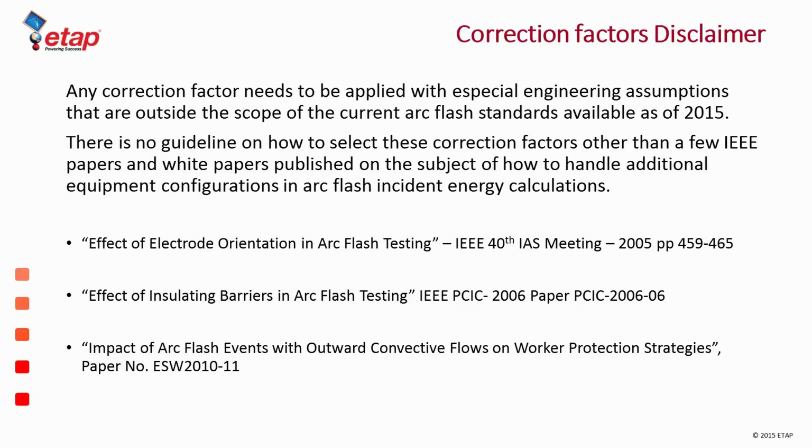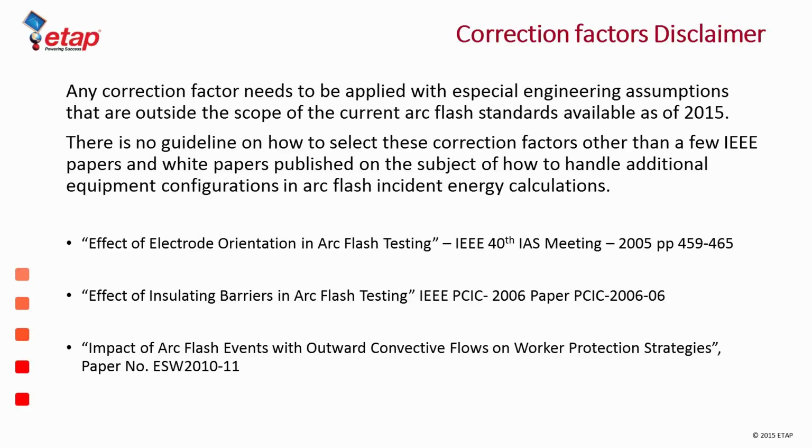So basically what I'm saying is use your own engineering judgment when selecting such factors. The reason why is that these factors are outside of the scope of the current Arc Flash standards available as of today, 2015. There is really no guidelines on how to select these correction factors other than a few IEEE papers listed here.